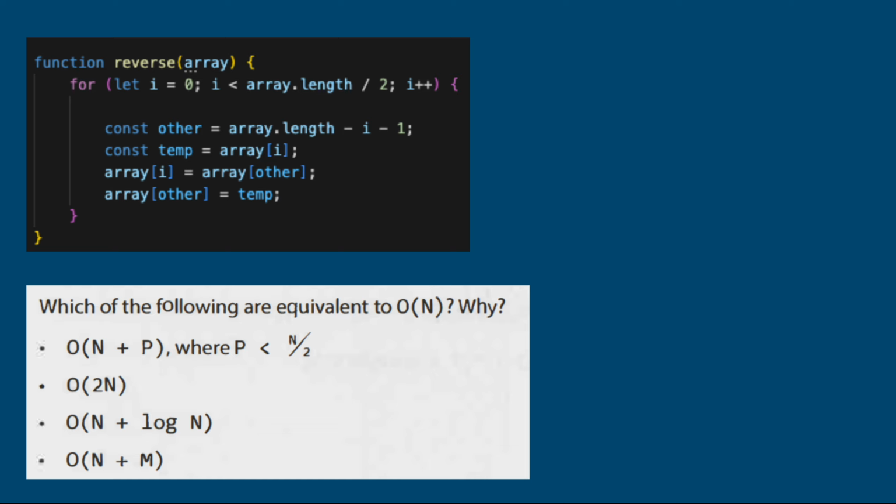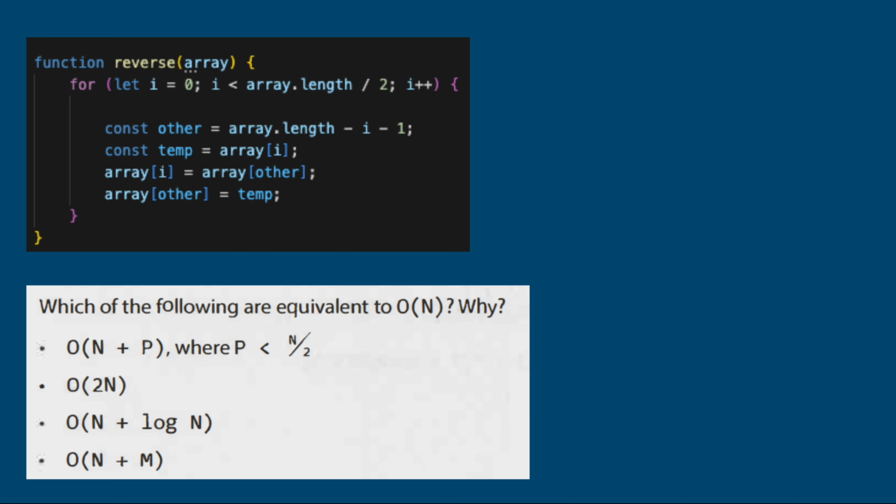But sometimes you want to leave it as a little bit more accurate to say n plus m because it gives a better idea of the input. This function is going to depend on the size of the input for n and m specifically. And you don't know which one is bigger, so it's just more accurate to leave it. But you can really say all of these are equivalent.